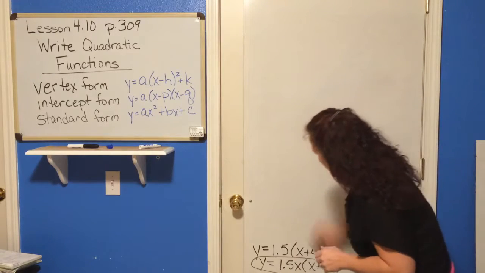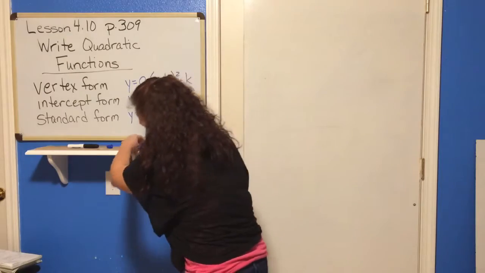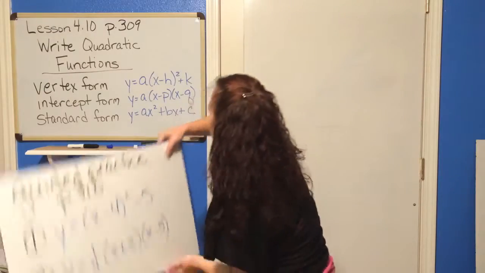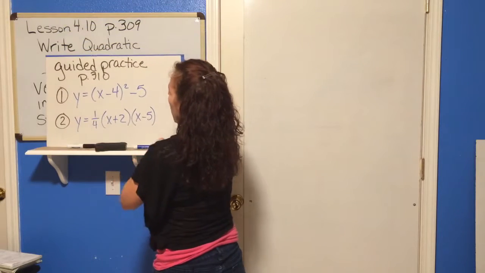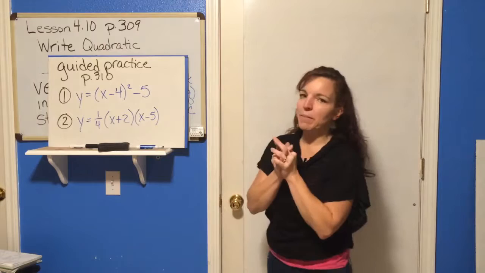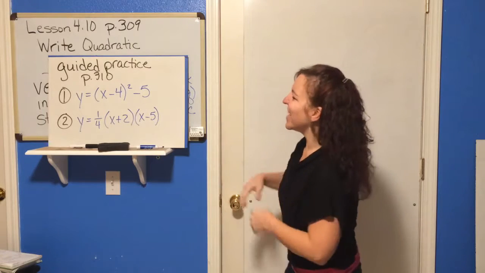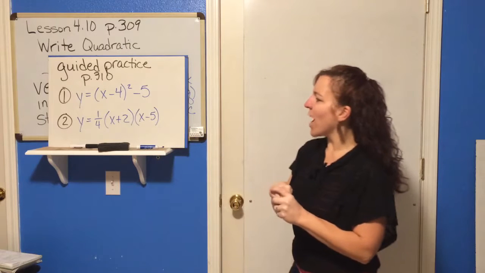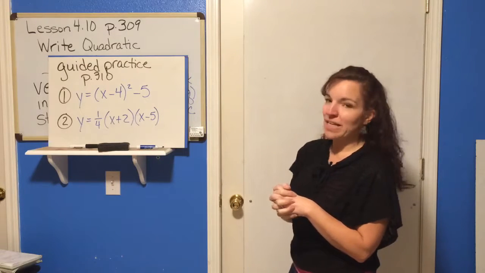Yes, I really did. Okay, so once it's all the way finished, you should end up with, on number 1, y equals x minus 4 quantity squared minus 5. Did you get it? I hope so. And number 2, you should have gotten y equals 1/4 times x plus 2 times x minus 5.